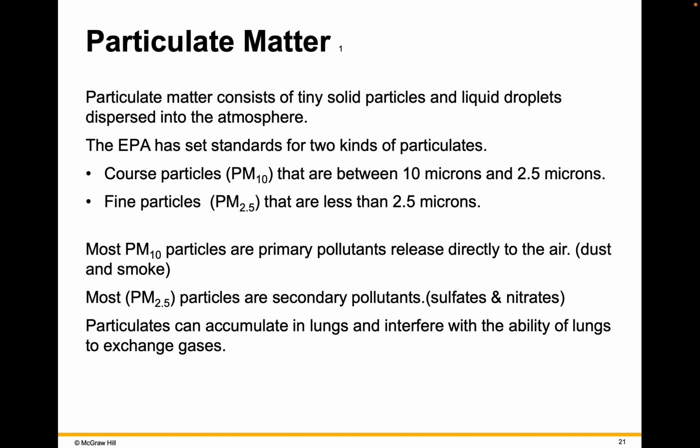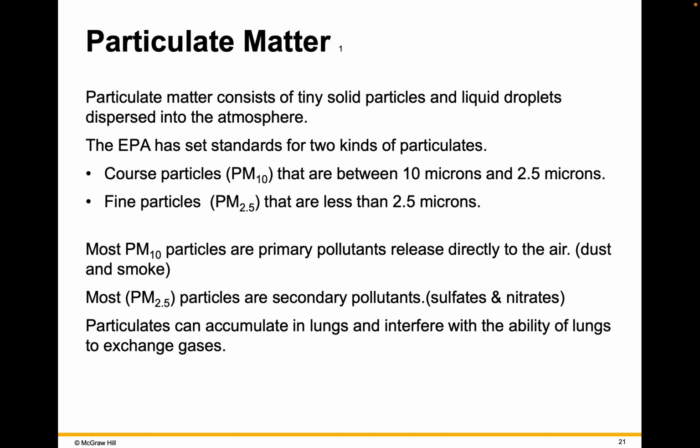Particulate matter consists of tiny solid particles and liquid droplets dispersed in the atmosphere. The EPA has set standards for 2 kinds of particulates. There are coarse particulates, which we'll call PM10, that are between 10 and 2.5 microns. There are also fine particles, which are smaller than 2.5 microns.